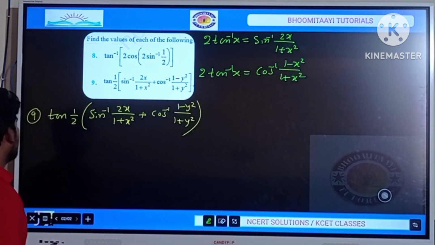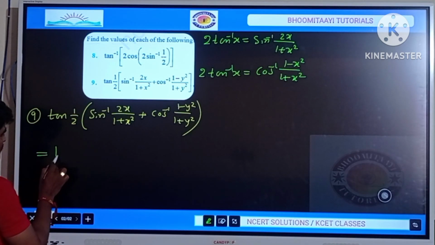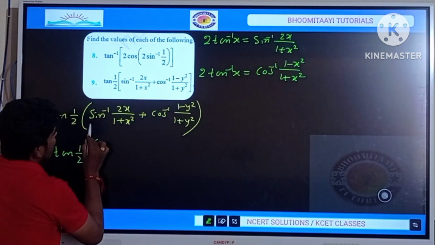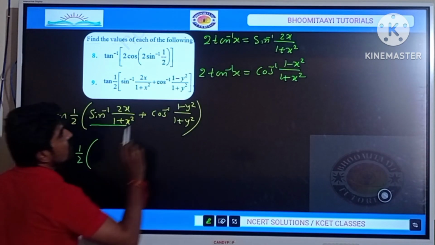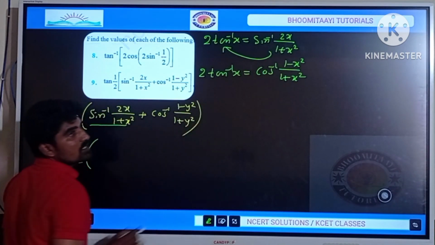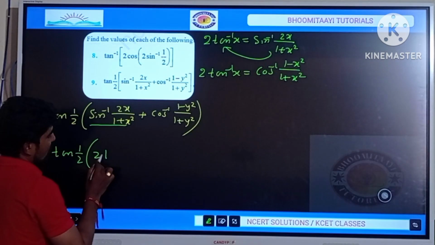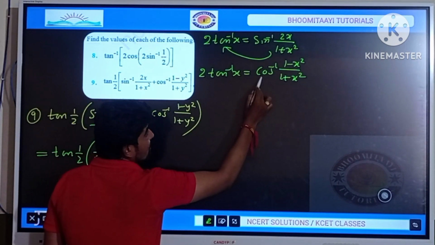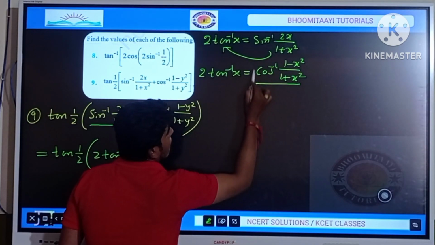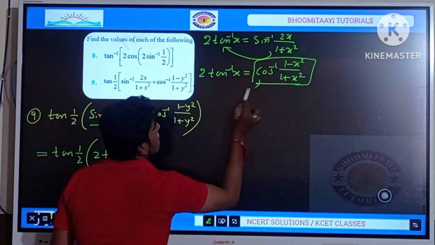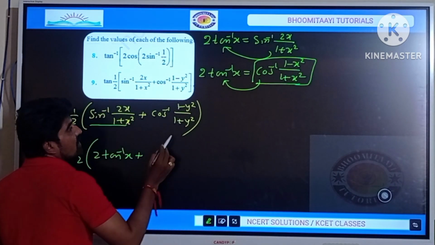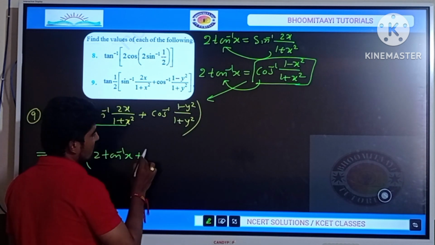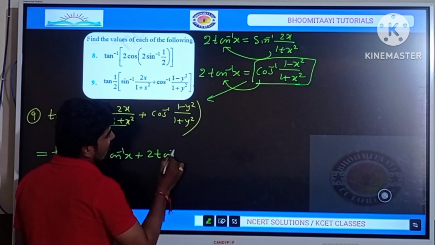By using these formulas, in the given function, sin inverse of 2x divided by 1 plus x square is equal to 2 tan inverse x. And cos inverse of 1 minus y square divided by 1 plus y square is equal to 2 tan inverse y.